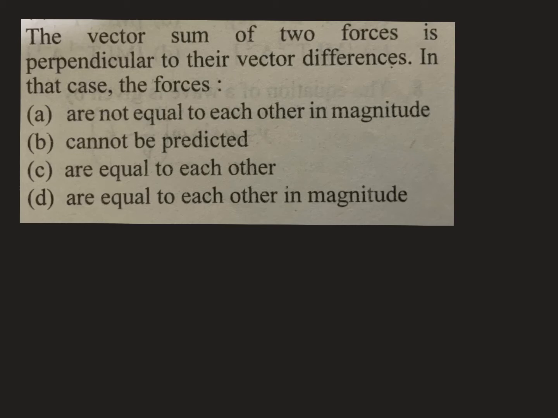Here A and B are two vectors, and it is given that the vector sum, that means A plus B, is perpendicular to A minus B.